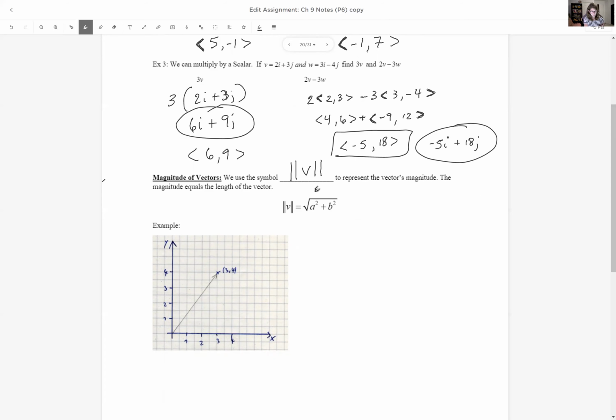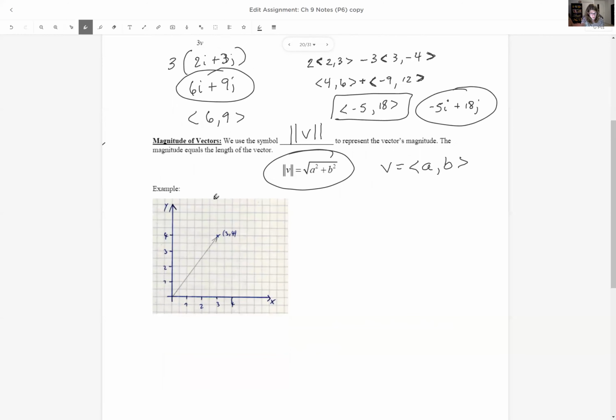But since we mostly start from the center, 0, 0, your x2 minus x1, well, one of them is 0. So it's just x squared plus y squared, and you take the square root of it. So this is really the distance formula, but here's our formula. You're going to have to know that the magnitude is the square root of a squared plus b squared for our vector v equals a comma b.